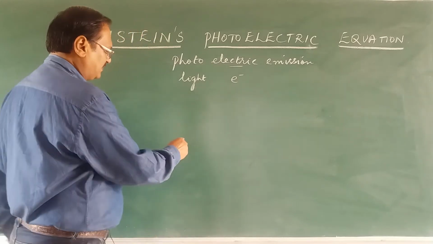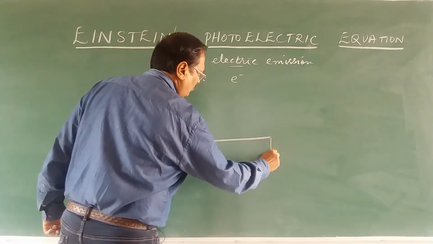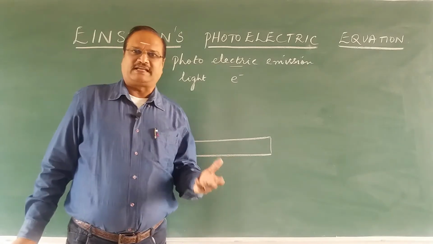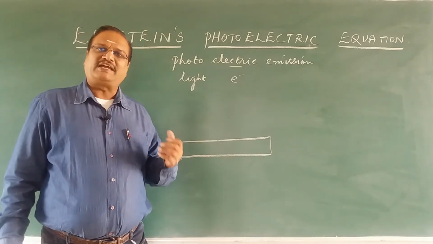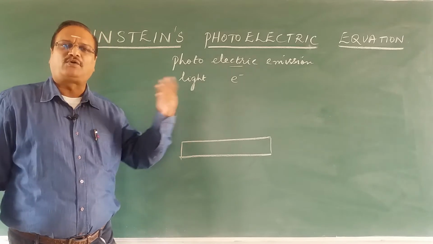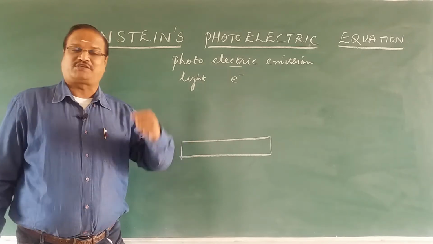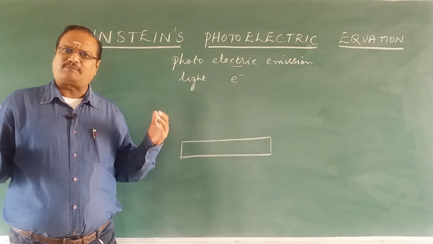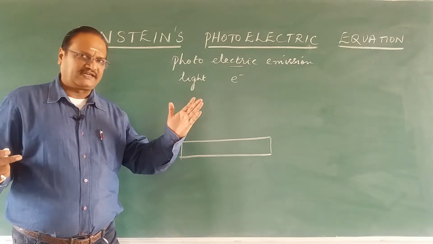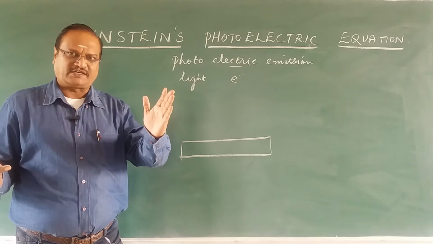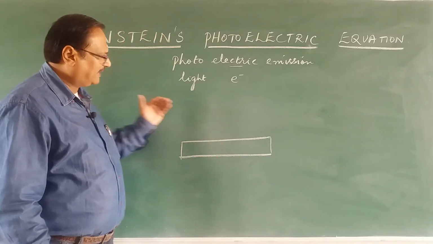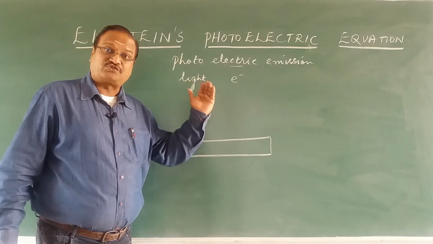Let us say alkaline metals like sodium, potassium have more tendency to give out electrons with ultraviolet radiation. Ultraviolet radiation is also in the electromagnetic spectrum: ultraviolet, visible, infrared. So some of them will have a tendency to give out electrons at a particular frequency.